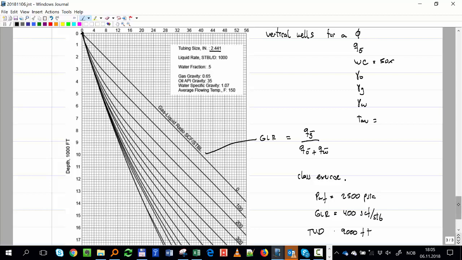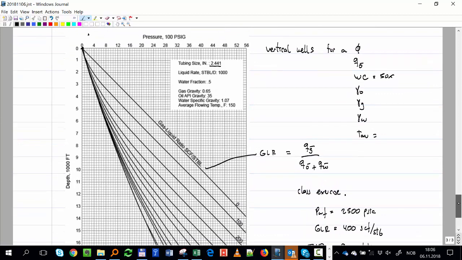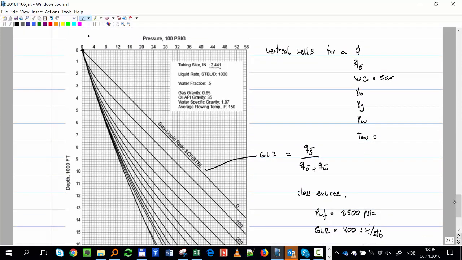Okay, so what do we do? How do we use this curve? Any ideas?